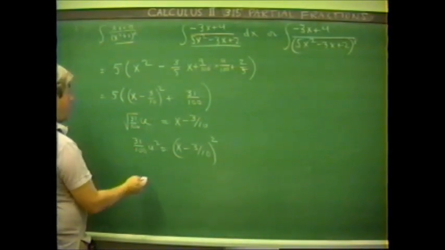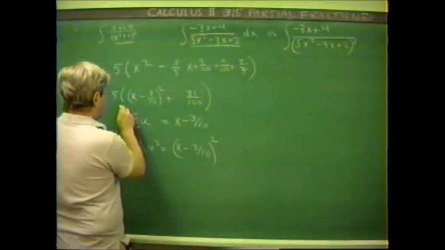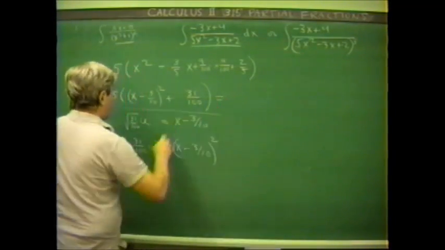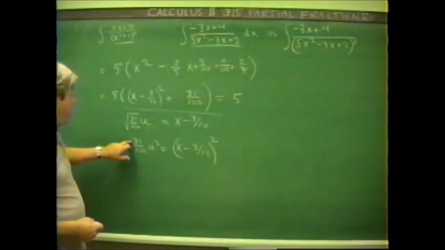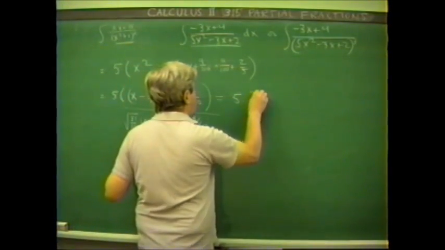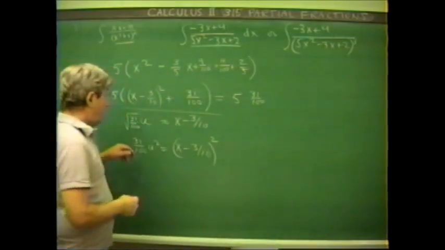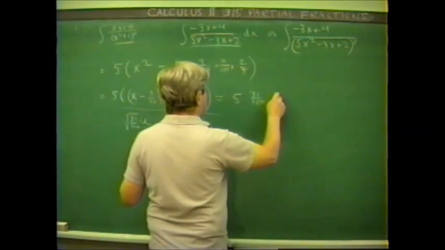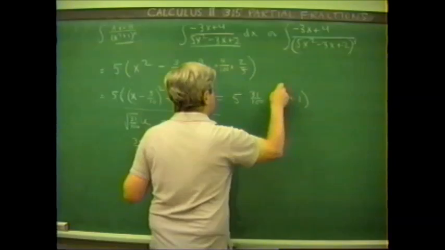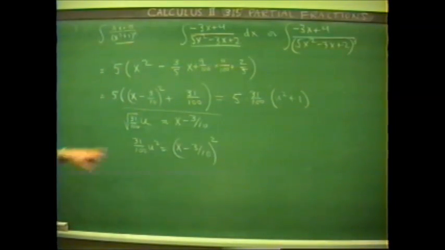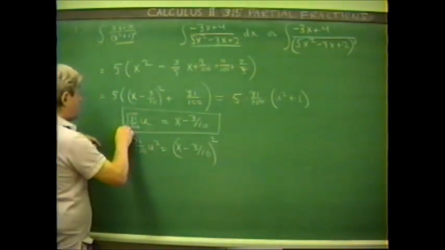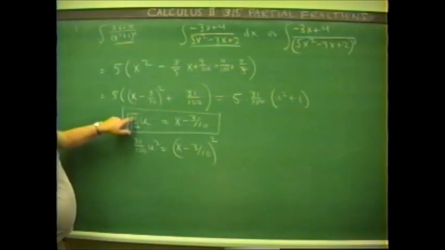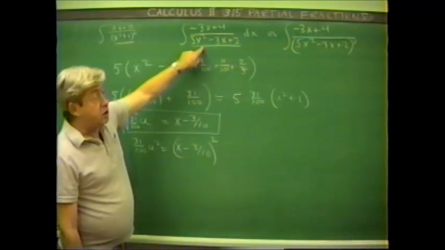When I make this substitution here, this is going to equal 5, the 31/100ths can be factored out, and I will have u squared plus 1, and the 31/100ths is factored out. So if you make this substitution right here, you end up with u squared plus 1 here instead of this.